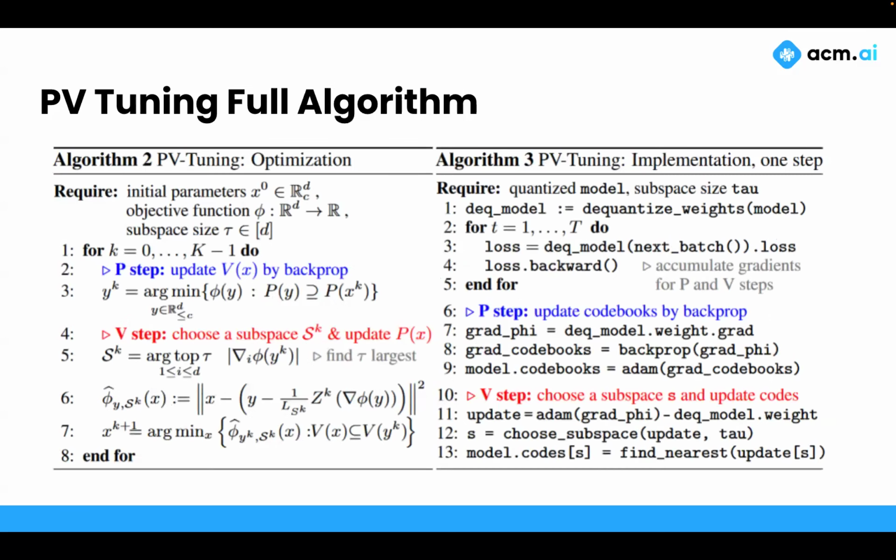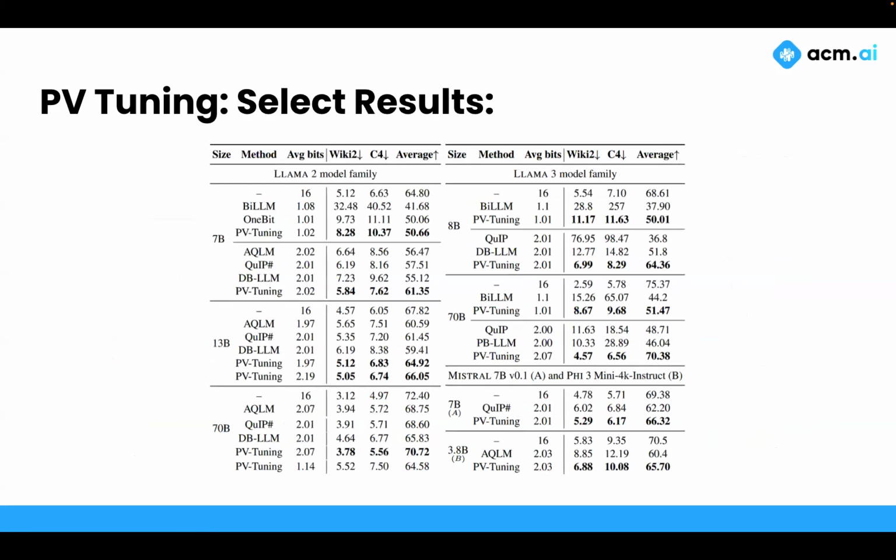And so this is the overall algorithm. And the results are actually very interesting. At 1 bit per value, we can actually get models that are somewhat usable. So this is an enormous improvement over everything else, and in my opinion, is a very exciting area of research.